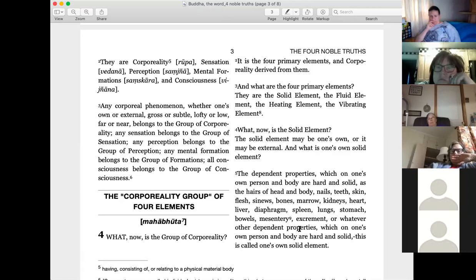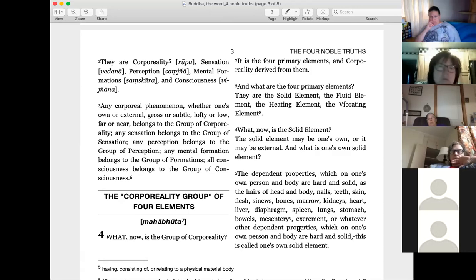If you take one of those things away, we no longer can have a human being experience. We can't be a human being without a body. We can't function without sensation. We can't function without perception. We can't function without a mind, mental formation referring to being able to take what we perceive and then process it in our mind. And we can't function as a human being without consciousness.